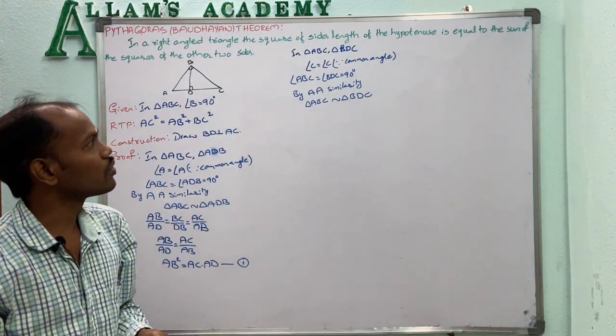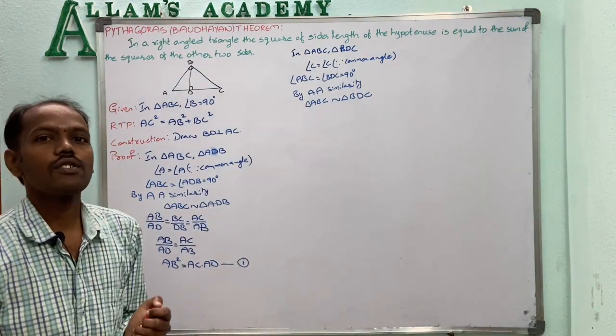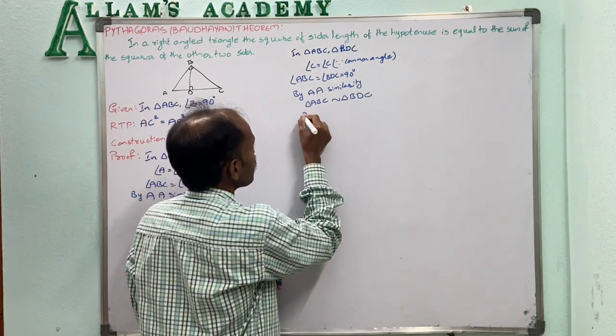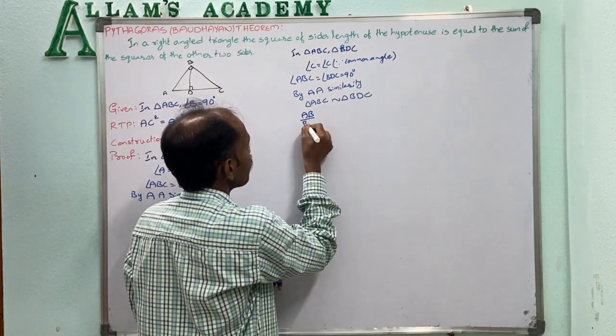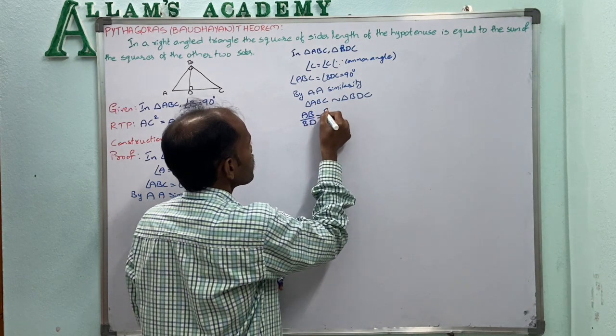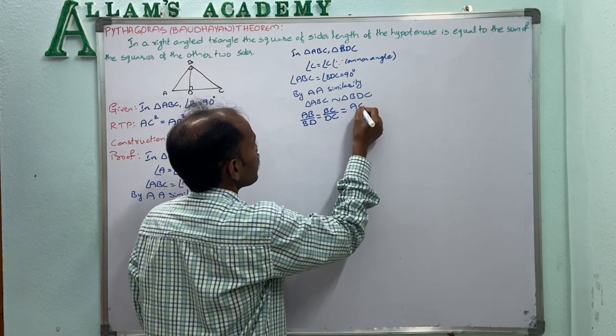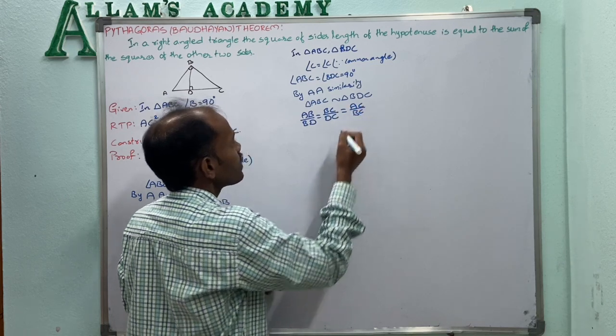So the corresponding sides ratio is the same. So AB by BD equals BC by DC equals AC by BC.